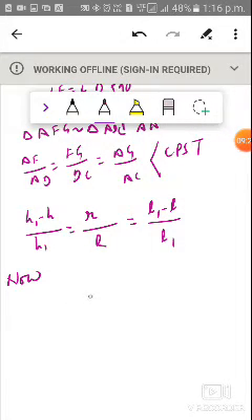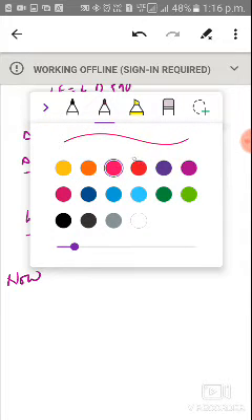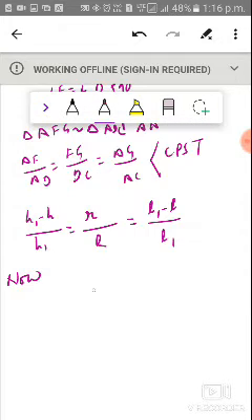Okay, now first of all we are going to find the CSA of frustum.